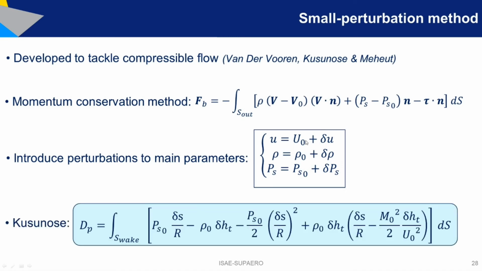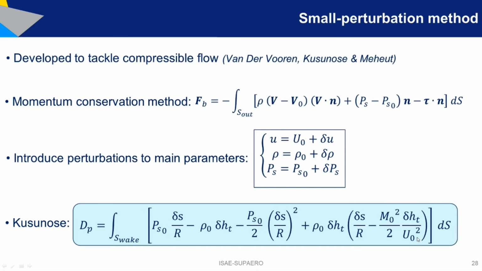And then by introducing these perturbations and by doing a lot of mathematical manipulation, you can obtain expressions of this kind. This is, for example, the one developed by Kusunose, where drag is basically, as you can see, a bunch of terms where you have perturbation of entropy, perturbation of enthalpy, and so on.